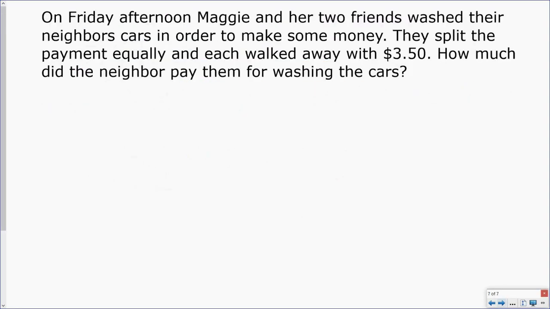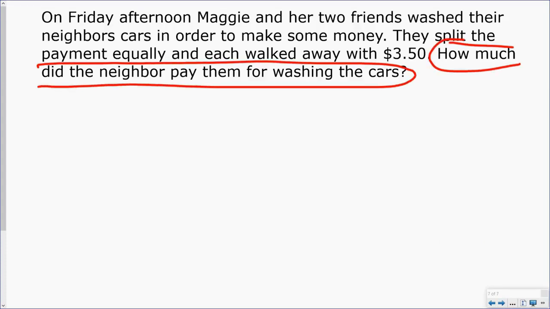Let's look at this situation. On Friday afternoon, Maggie and her two friends washed their neighbors' cars in order to make some money. They split the payment equally and then walked away with $3.50. How much did the neighbor pay them for washing the cars? So again, when I look at my question here of how much did the neighbor pay them for washing the cars, that's what my variable is.